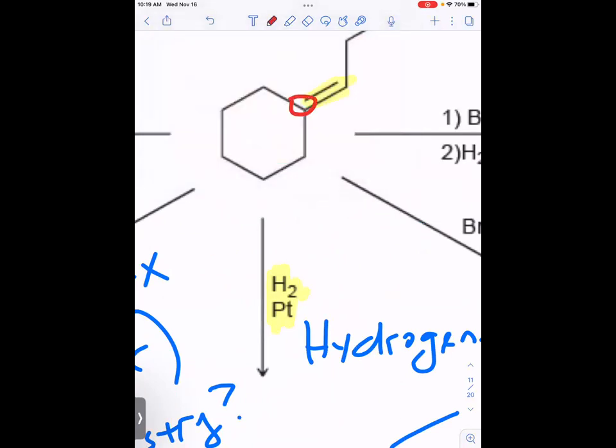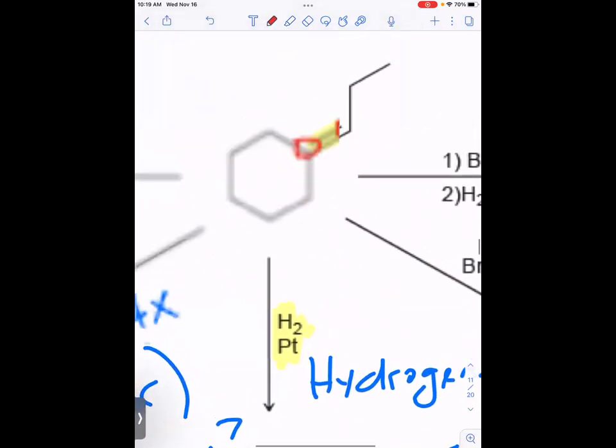The carbon on the left has two carbons bound to it. The carbon on the right has one carbon and a hydrogen bound to it. Which one is more substituted? The one with two carbons. The one on the left.